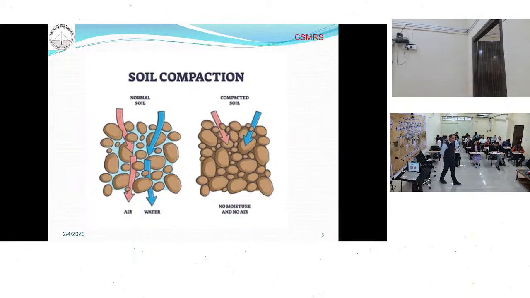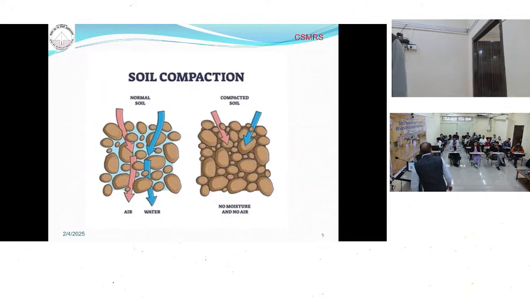So now what is the process? This is the picture. On the left side, you see a normal soil, and the soil has particles and voids. When you apply the load, you decrease the volume, and the mass is the same. So that way we are increasing the density. This process is called compaction.